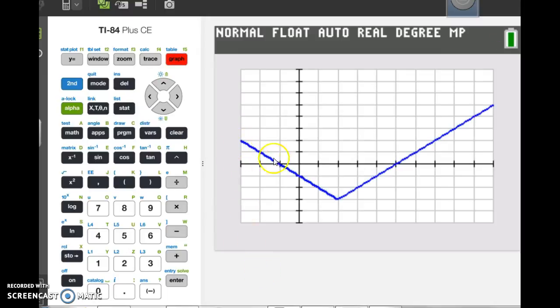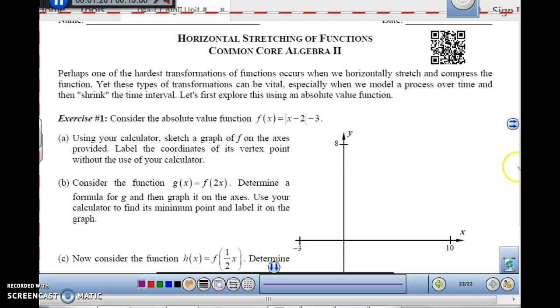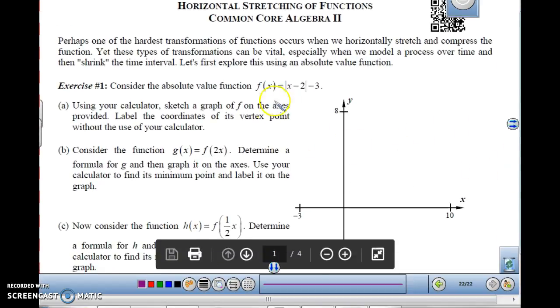You can see the vertex here is at (2, -3). That should be noticeable here, because the vertex comes from here and here. Remember when we did the parabolas, inside was the opposite sign and outside is the same sign.